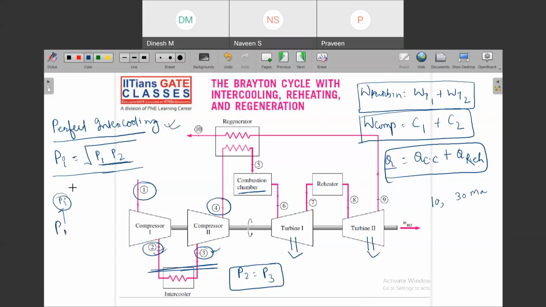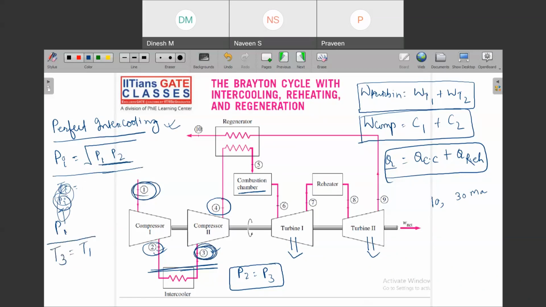And then they would ask you what the intermediate temperature is. Till what point would you cool? Initially you had temperature T1, so T3 will be equal to T1.